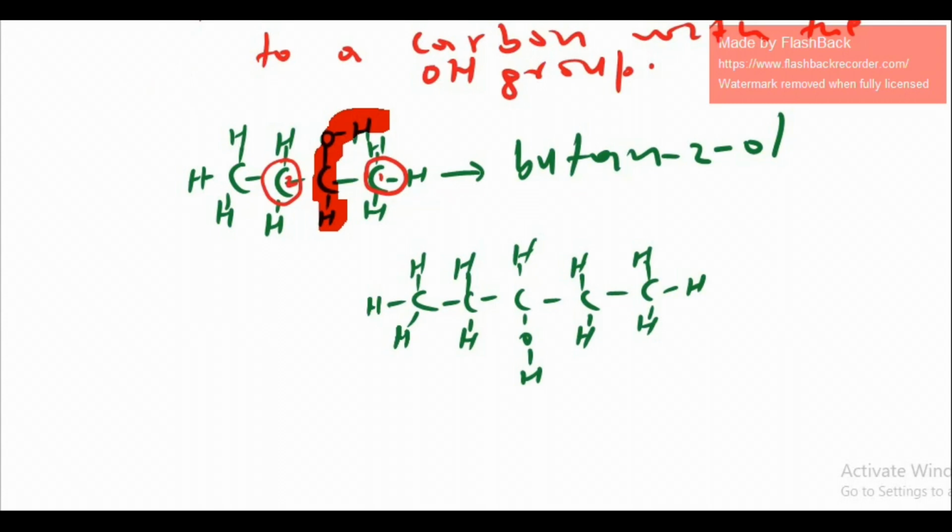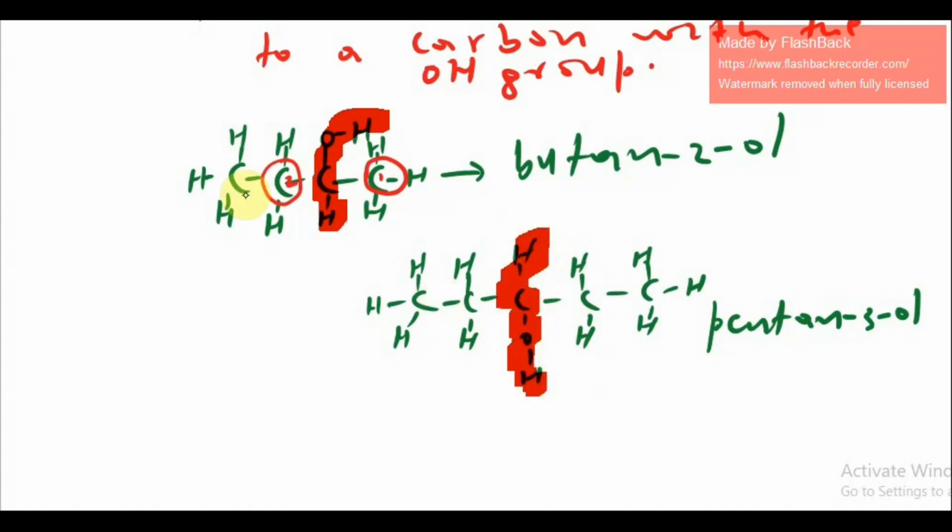This one is known as pentan-3-ol. Here we must look at the carbon with OH. How many carbon atoms are bonded to it? We have this carbon 1, this is another carbon 2. So there are 2 carbon atoms bonded to a carbon with OH group, which means this is the secondary alcohol, right?